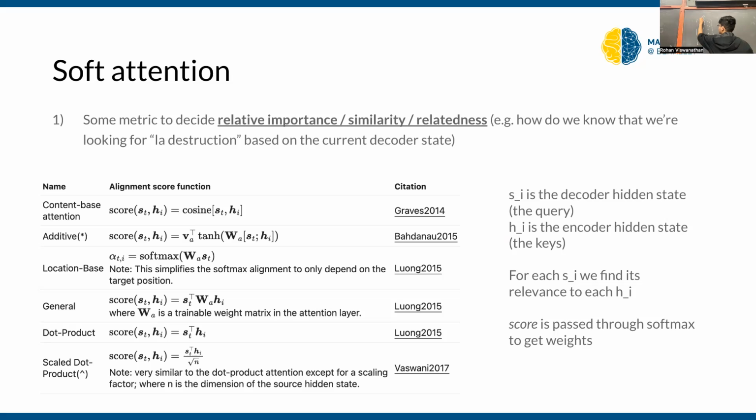So we're going to be doing this comparison, taking the dot product of these or putting them through some scoring function. This will come up with some kind of weighting that we then want to apply to our values.